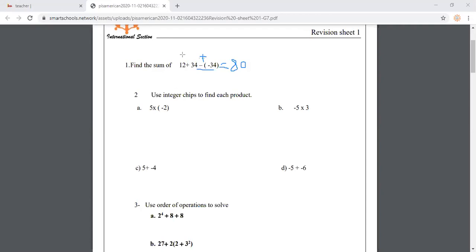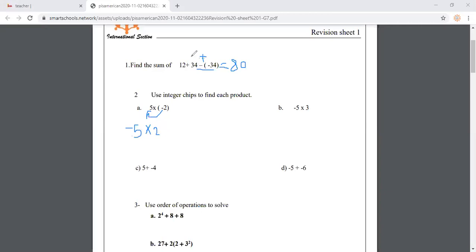For this reason, we are going to just remove the negative sign. So we can say negative 5 times 2, right? So in this case, I want to repeat negative 5.